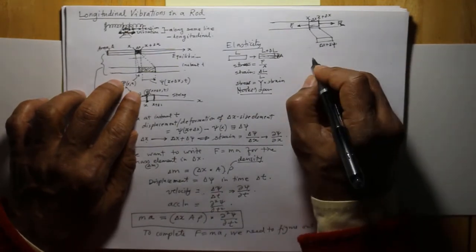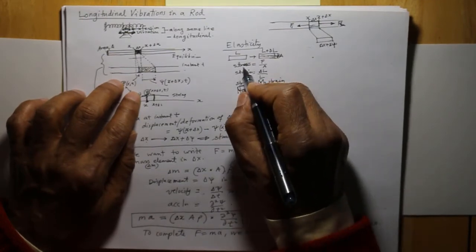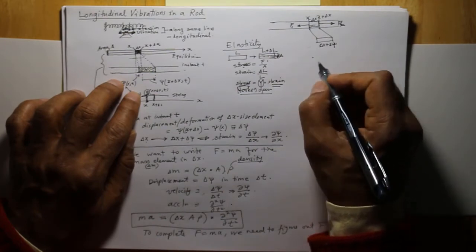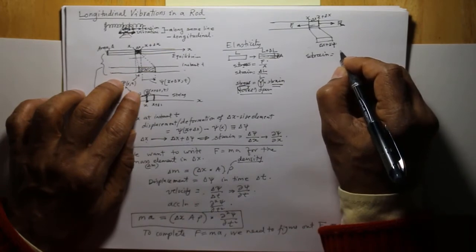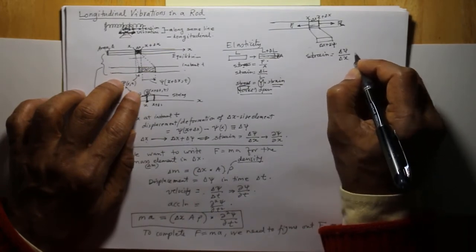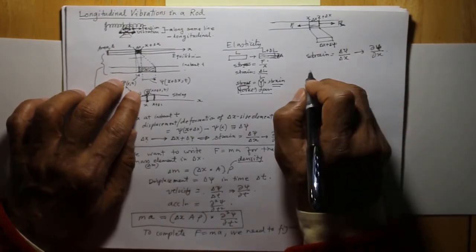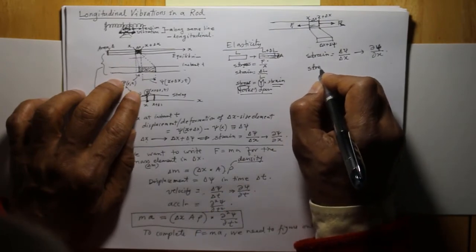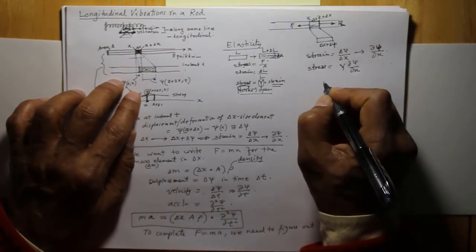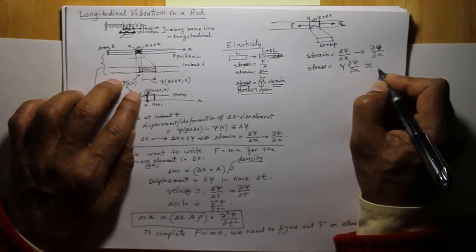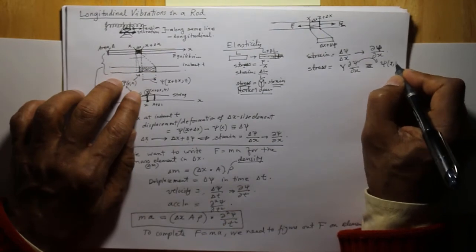If you know strain, then just multiply by Y, get a stress, and once I get a stress, I can get the force. So let's see what the formula for stress will come out to be. The strain here is delta psi over delta x, which is the same as d psi over dx in the infinitesimal limit. So stress is Y d psi dx, where psi is a function of x and t.